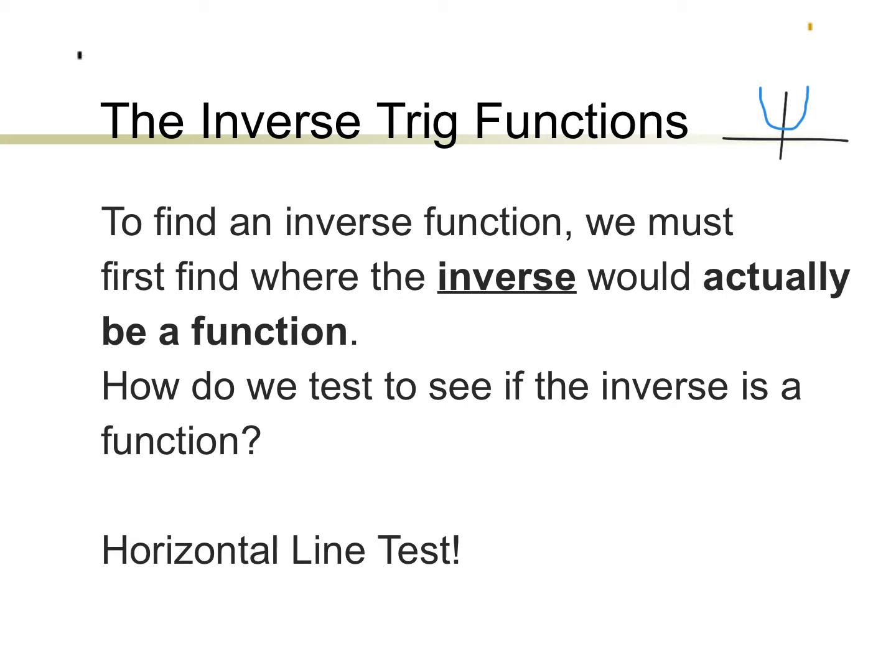Whereas to talk about our inverses, we would take a horizontal line, the horizontal line test, and write it horizontally. If we hit the function only once, then we had a proper inverse. If we hit it more than once, we did not have a proper inverse. In this case, the graph of x squared plus 1 does not have a proper inverse because the horizontal line test hits it twice.